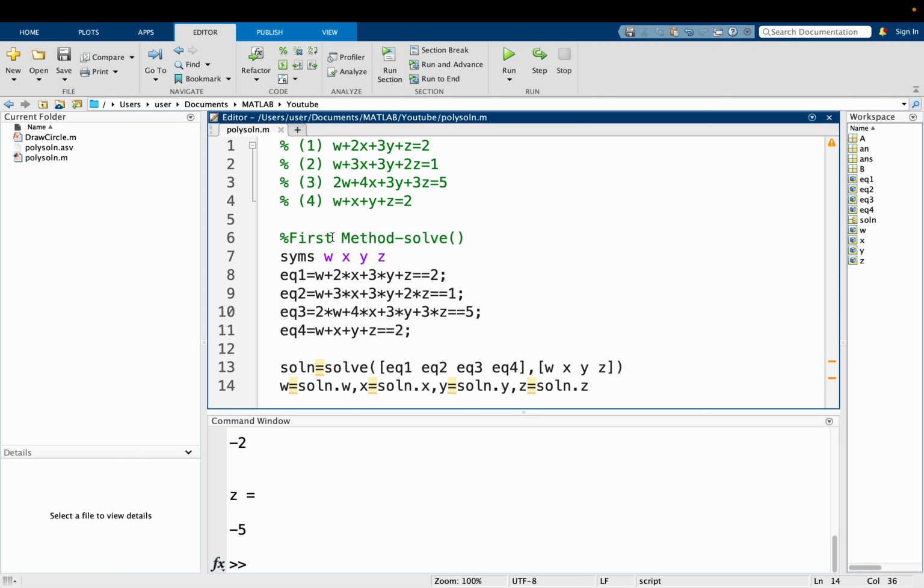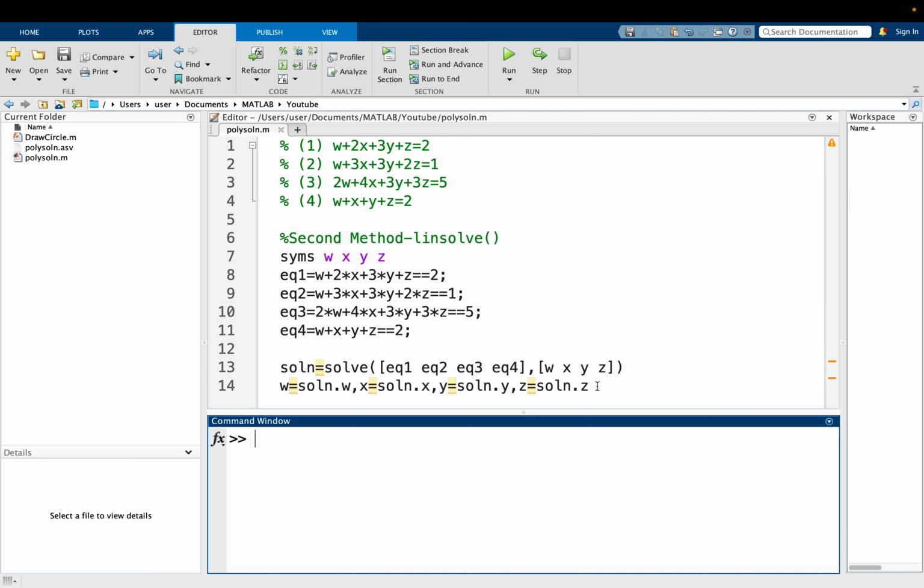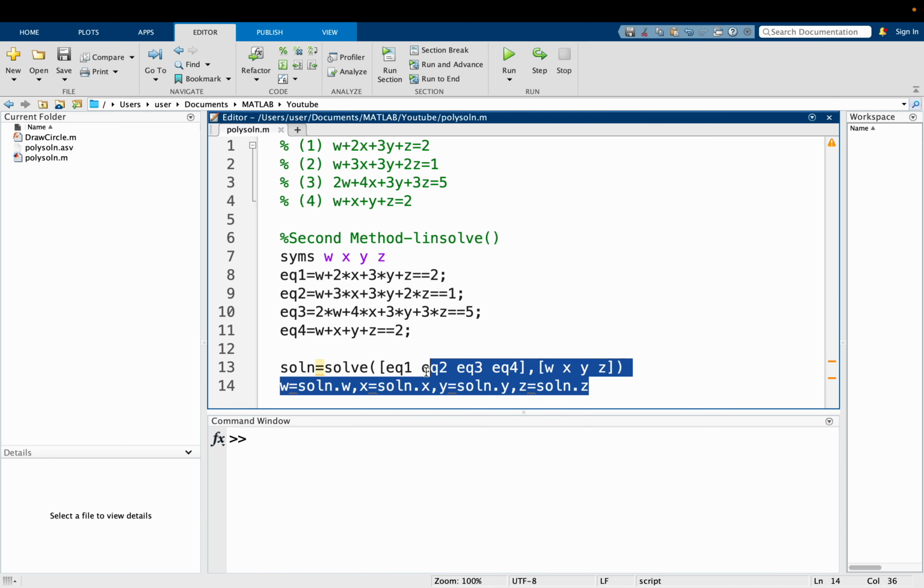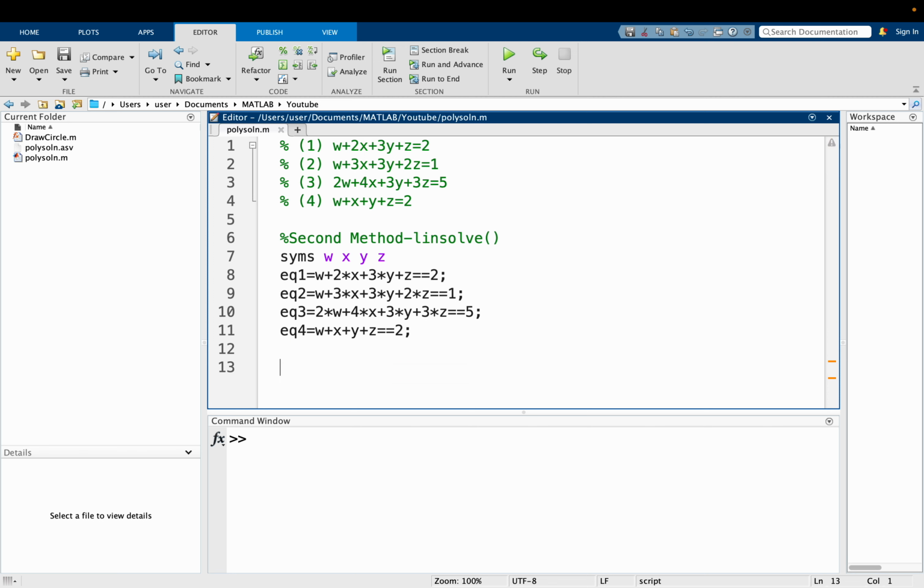The second method we are going to consider, let me just write it, is using the linsolve function. For that method, I also need the definition of my symbolic variables, and I also need the definition of my equations. So I have my four equations.